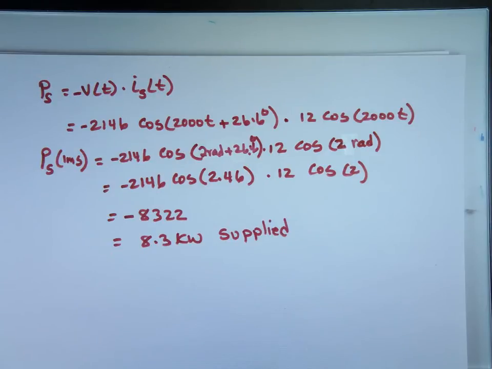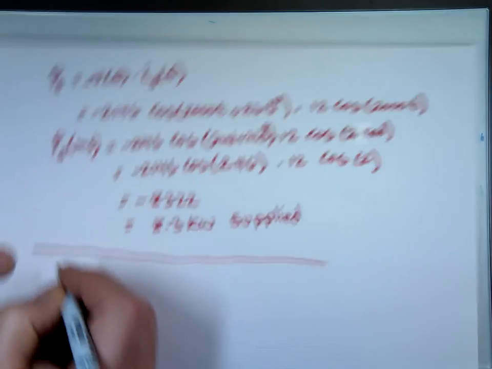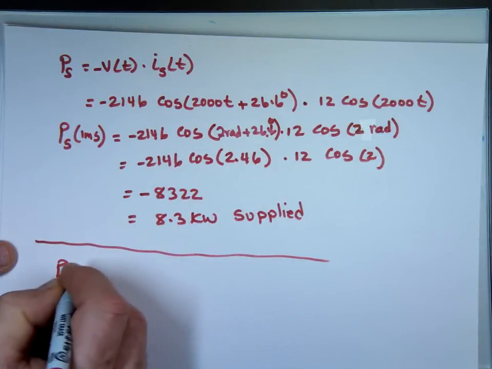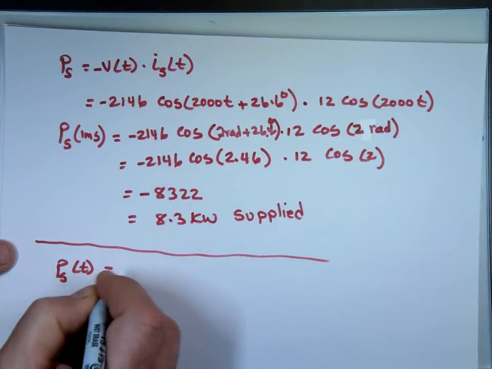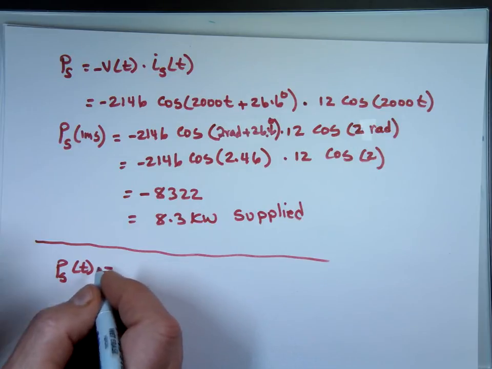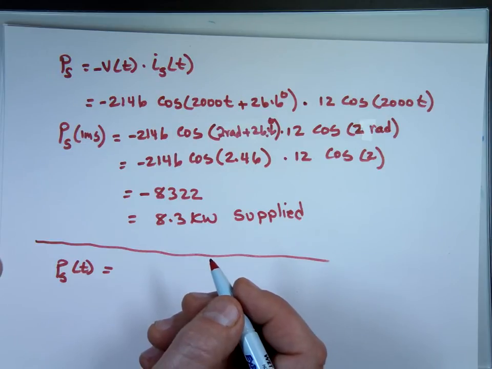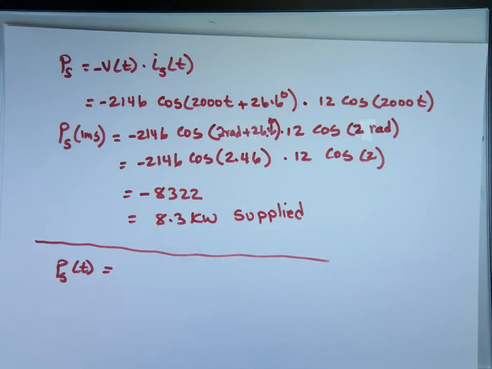Let's try another one. Let's try the resistor. Power, instantaneous power by the resistor. The voltage across the resistor times the current. The voltage across the resistor. Should there be PR? Because you're getting the power across the resistor. Oh yeah.